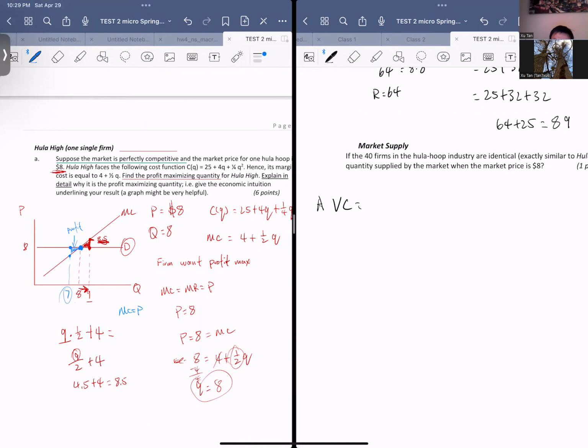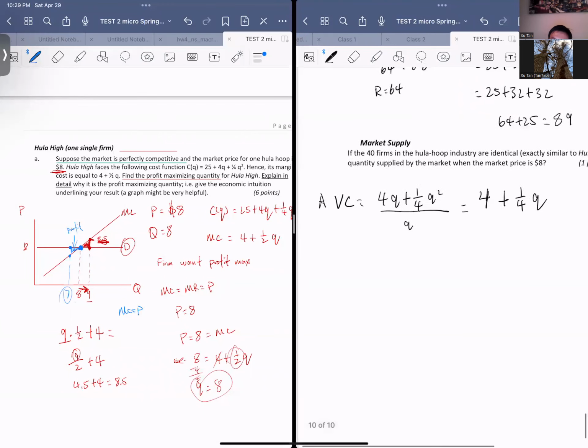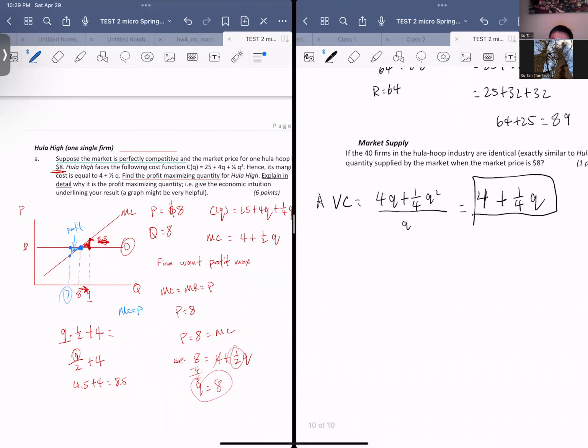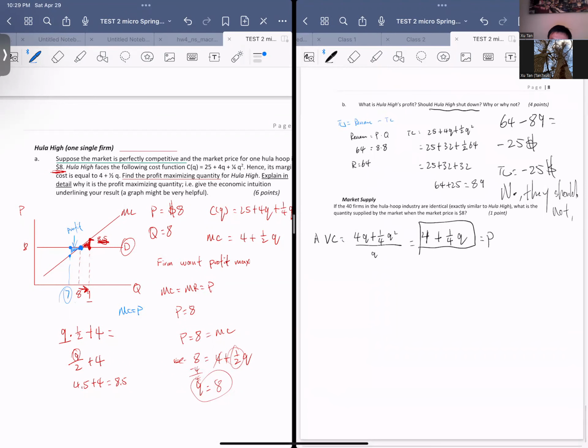Average variable cost is 4Q plus 1/4 Q squared divided by Q, which equals 4 plus 1/4 Q. Okay. If our average variable cost equals price, that's our shutdown point. So what would that be?